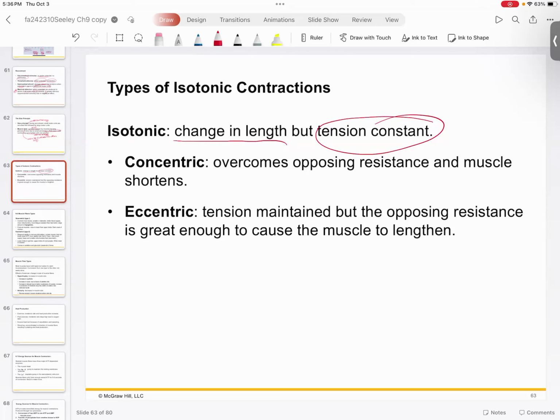Concentric is where the muscle overcomes the opposing resistance and shortens. Eccentric is where the tension is maintained, but the opposing resistance is big enough to cause the muscle to lengthen.